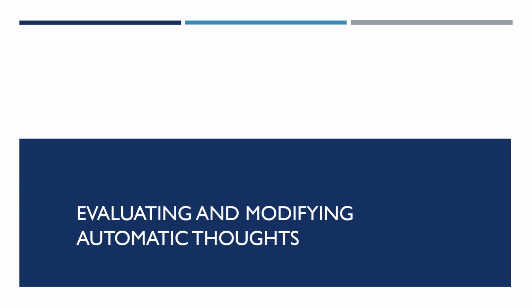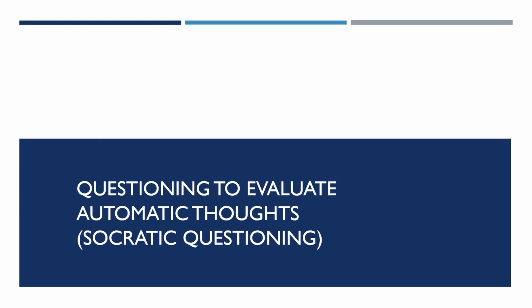So let's talk about some specific techniques and skills that you can use to evaluate and modify automatic thoughts. The first thing is questioning, Socratic questioning, like I mentioned just now. There are specific ways that you can use Socratic questioning to help your clients to evaluate their thoughts.